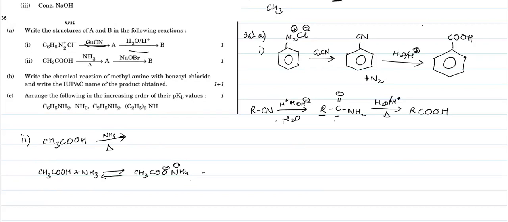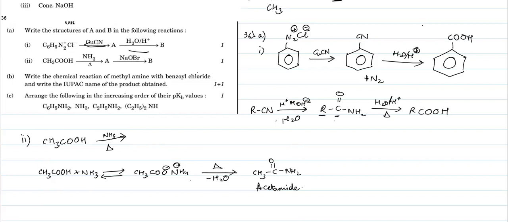Now this, on heating, leads to the elimination of a water molecule and the formation of CH3CONH2, which is again an amide, and specifically it is acetamide. So this is product A.